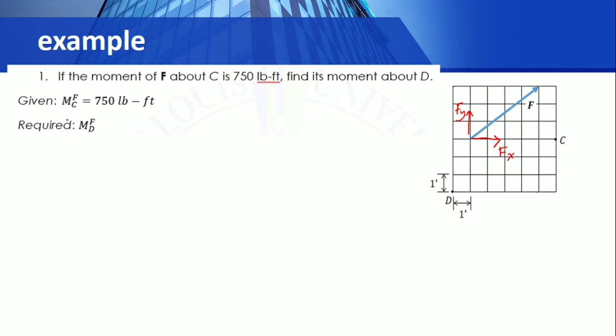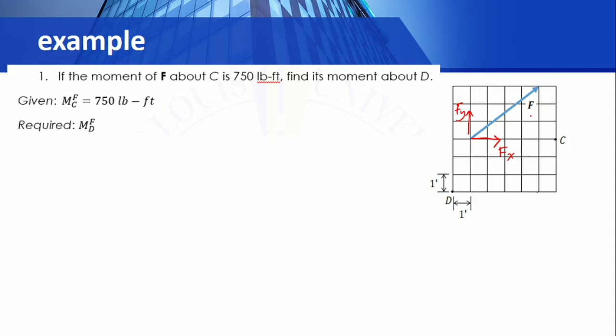So given natin is yung moment of force about C. So yung moment of force daw about C is 750 pounds. Ngayon, hanapin naman natin kung ano yung moment niya about D. Okay? So first step natin is kunin natin kung ilan ba yung force F, no? Kung ano yung magnitude ng ating force F.